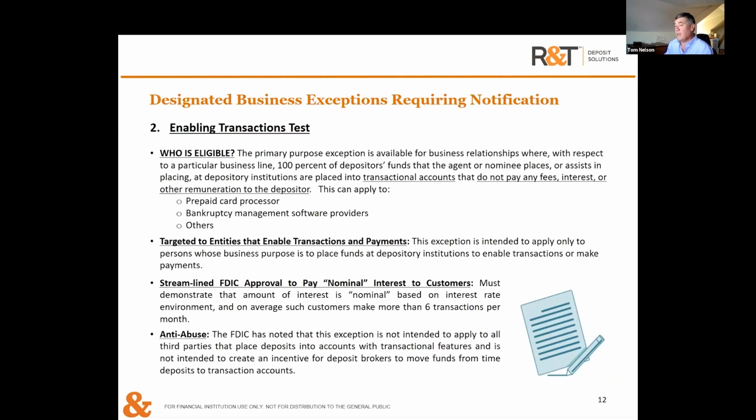Any of those types of situations, the entity placing those funds with banks can use the enabling transactions test to say, I'm not a deposit broker. It's a very targeted rule, and it's directed really towards those types of entities.